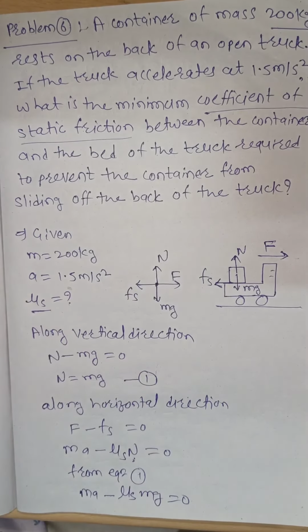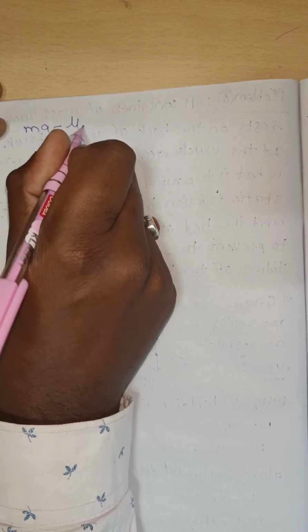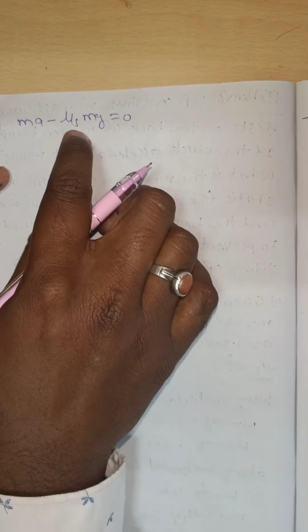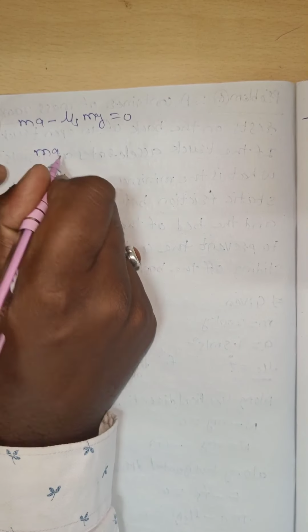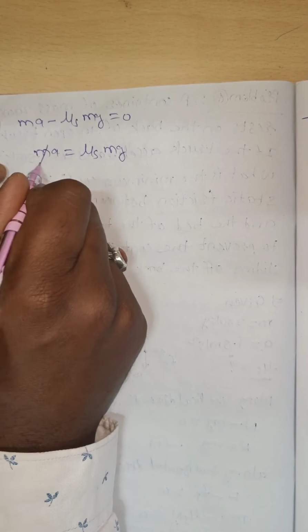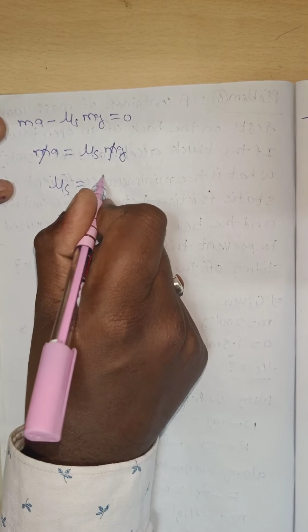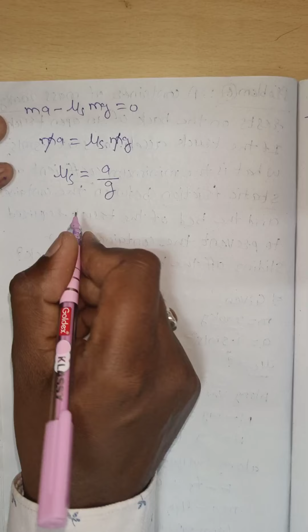Then we have to find mu s, so we shift mu s into mg to the right hand side: ma is equal to mu s into mg, and this m cancels. From that, mu s is equal to a by g.